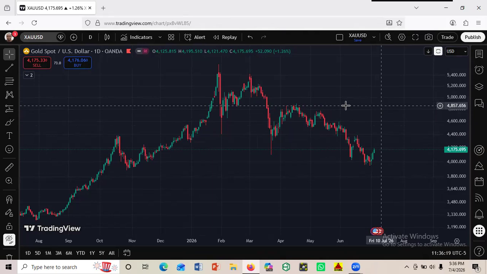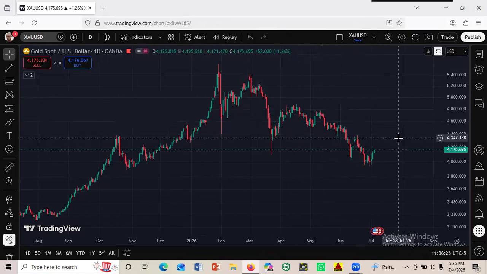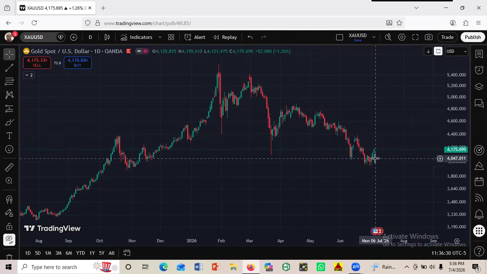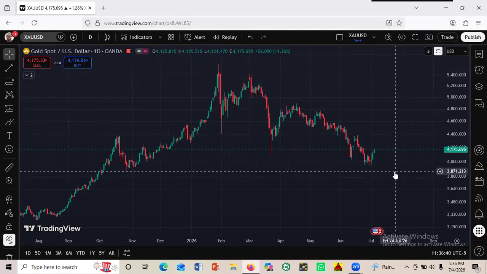Now here, if you plot your coordinates, this and this coordinates, down to this area, if this is not done, the price would only walk up to that trend line without breaking it. They may pierce it a bit, but they won't close on top of it, and the price will resume its downward movement.